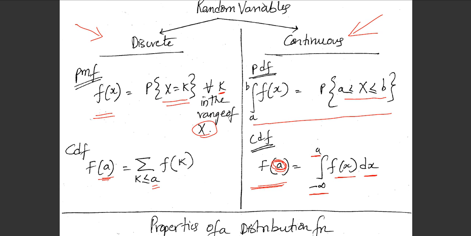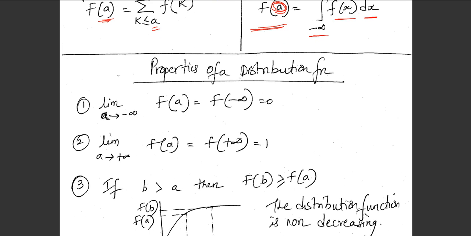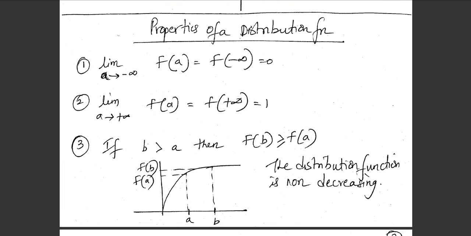And I also want to bring your attention to the properties of the distribution function, so take a few minutes to go over this part by yourself. This will be critical because in the upcoming few minutes we will actually take a distribution function and prove that it satisfies these three properties, where if you take the limit of this distribution function to negative infinity, it is going to be 0.